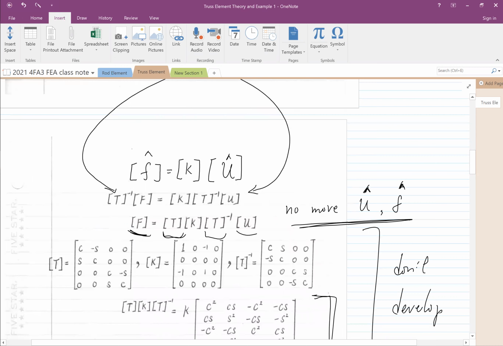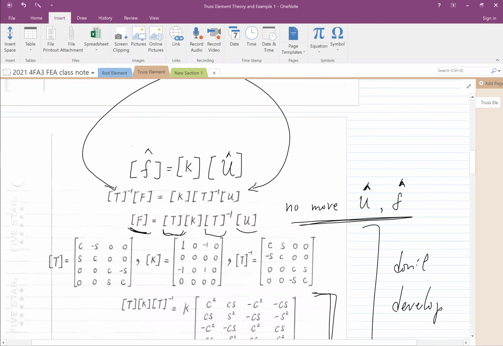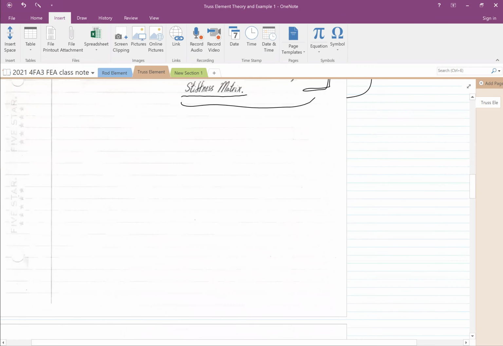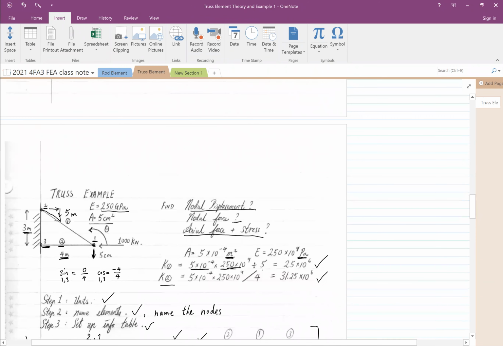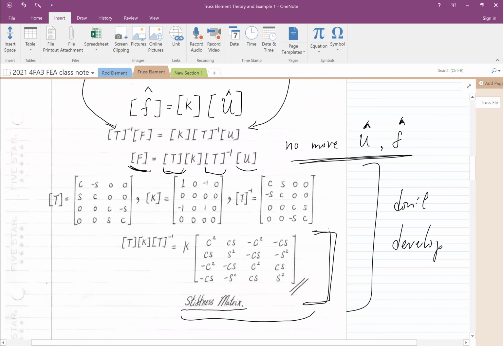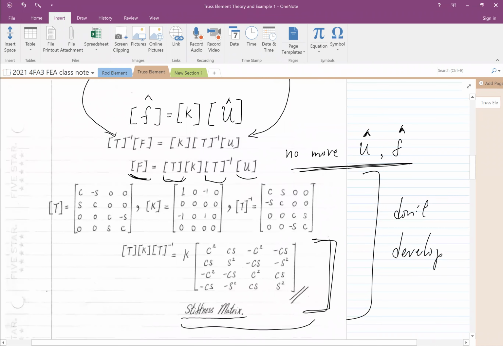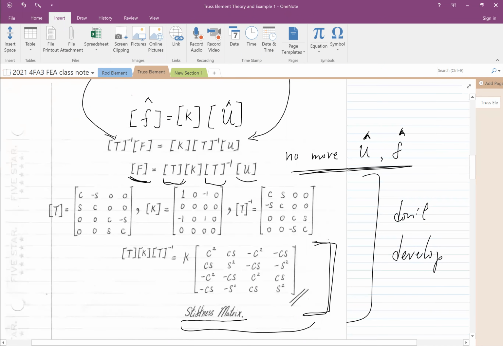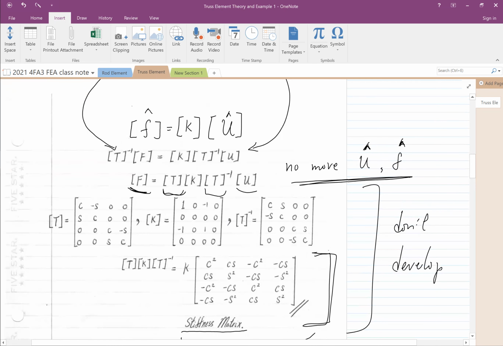I'm not understanding the translation. Is there a mistake on one of the T inverses there? See here how it says T inverse minus 1, F equals K times T inverse U. And then you have a single T. Where's that single T coming from? The math is not working out for me.